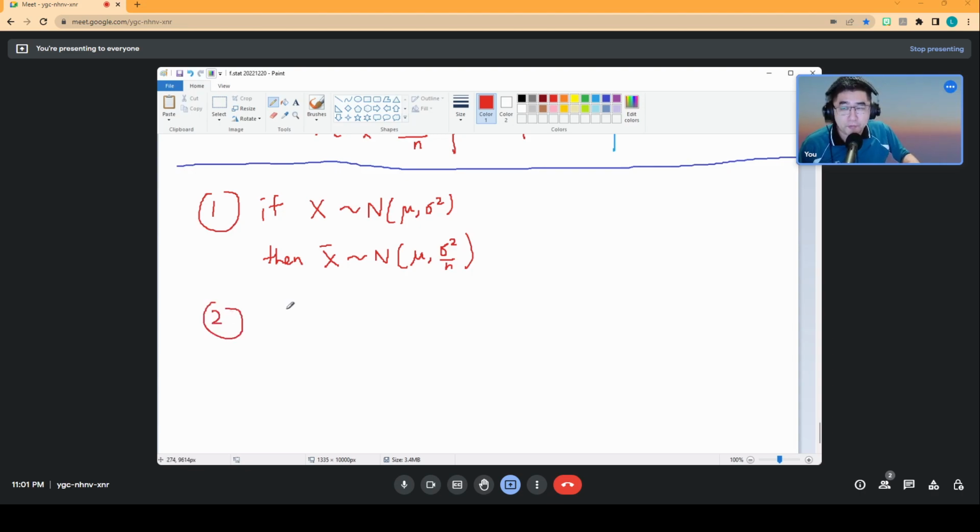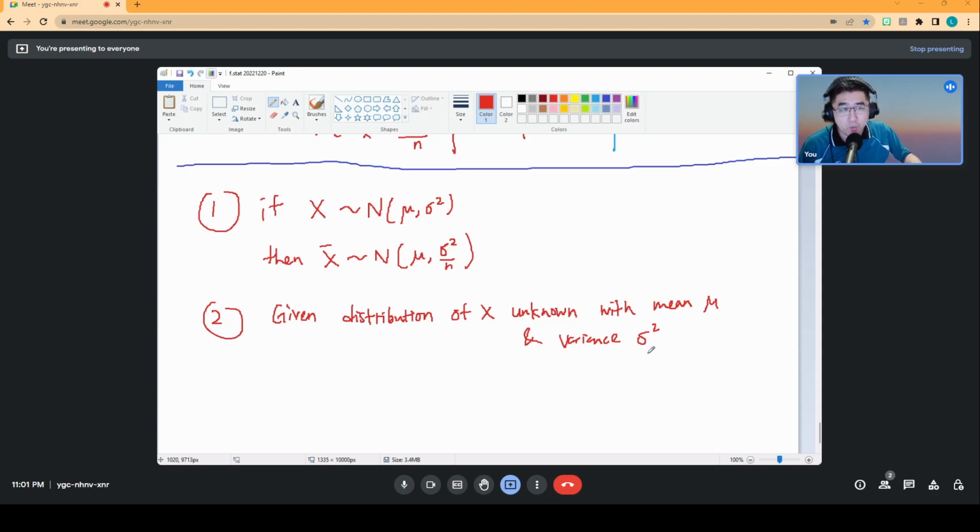Number 2: given the distribution of x is unknown, we don't know what the original distribution is, but we know its mean mu and variance sigma square.